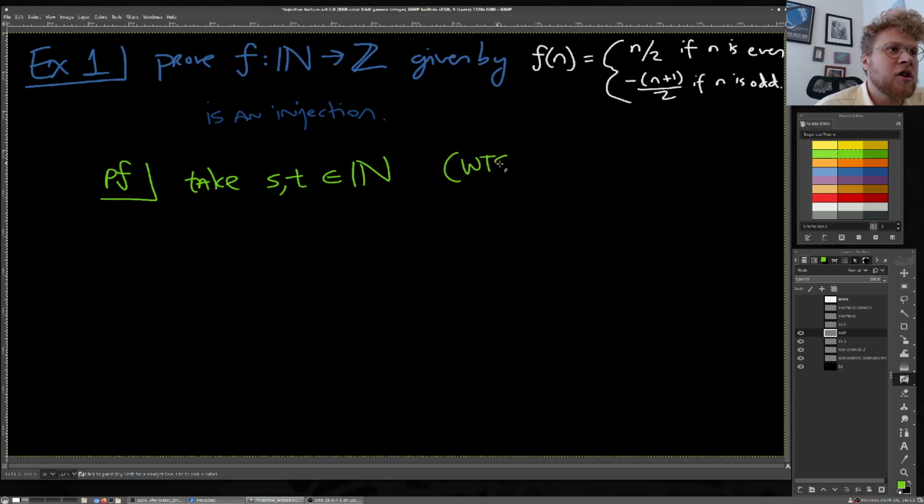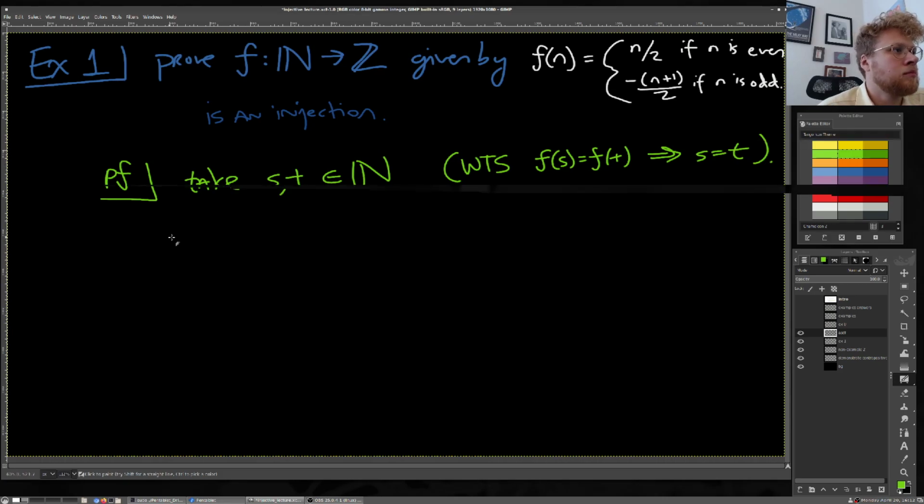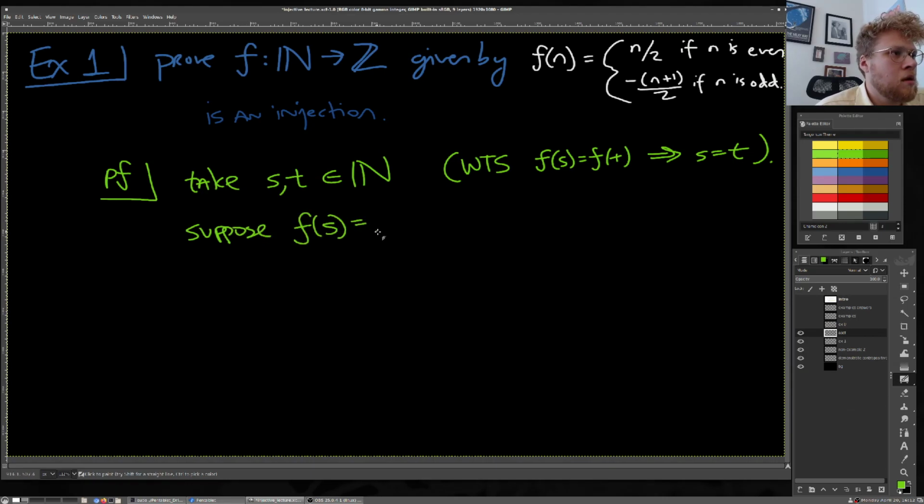And we want to show that if their outputs are equal, then S equals T, or their inputs are equal. So let's suppose that this first part's true. We want to show that the second part is directly true as a result.